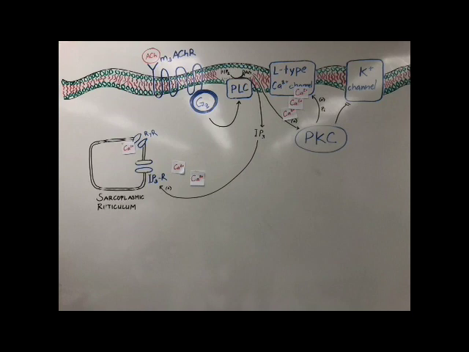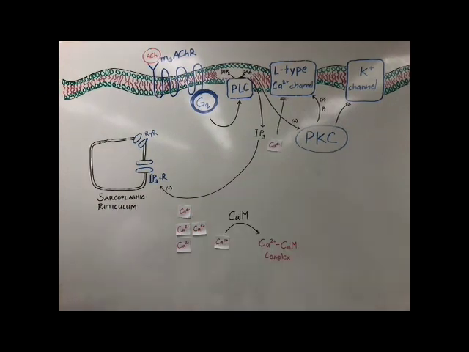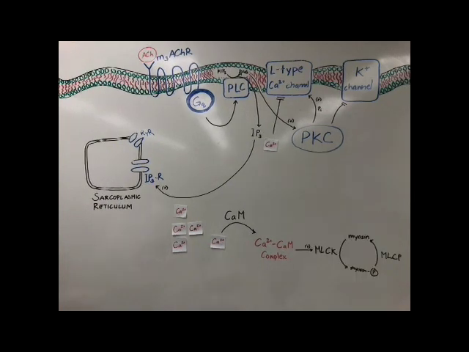The increase in IP3 concentration will also bind to the IP3 receptors on the sarcoplasmic reticulum, which will cause a net efflux of calcium out of the sarcoplasmic reticulum, combining with the calcium that has entered through the LTCCs to form your net cytosolic calcium. This net cytosolic calcium will bind to calmodulin, as mentioned previously, and then the calmodulin will react with myosin light chain kinase to phosphorylate myosin.